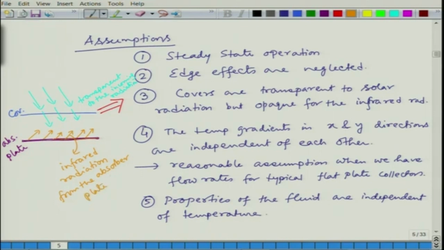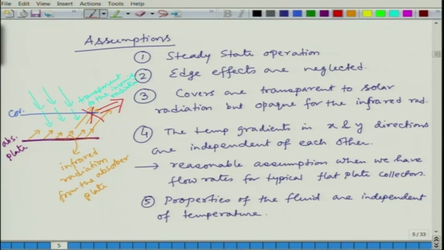Now, imagine that this cover, if it is transparent to this infrared region radiation, then what will happen? They will go back to the ambient, right. So, we are losing heat, right, which we do not want. We want that this is not allowed.